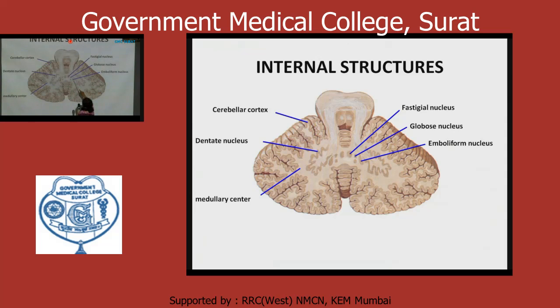The globose and emboliform nuclei together are known as the interpositus nucleus.